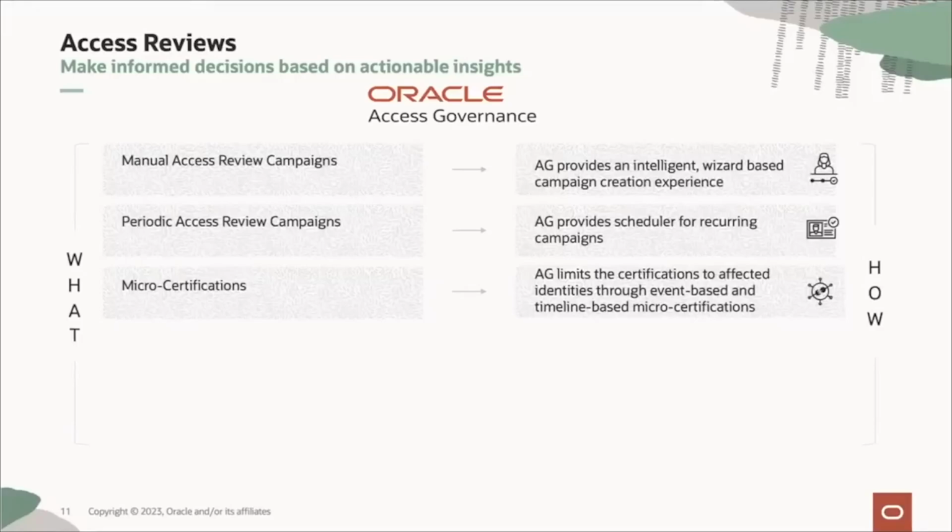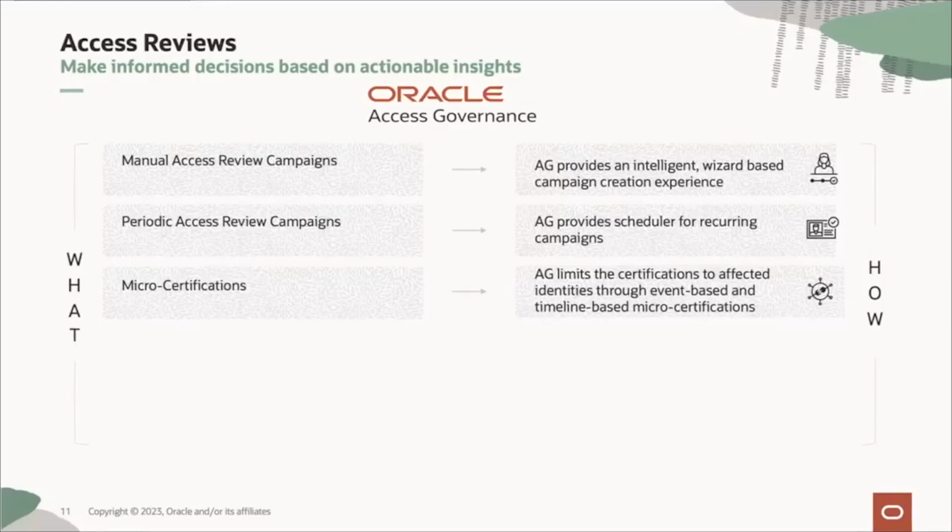So now we have added a new capability called timeline based micro certification. Say, for example, a user's anniversary is going to reach in the next week, it automatically triggers a certification. So this ensures that it's not for all the employees in the organization, but rather these are micro certifications which are continuously running, and on a specific day, only the affected users will be reviewed.